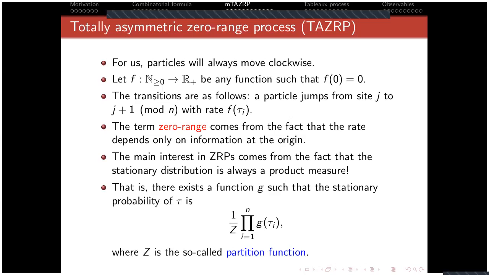If you have addition or removal of particles, then one has to change. But here, with full generality, for any f there exists a g such that the stationary probability of tau is proportional to the product of the g of tau i. It's a really amazing result. This is the same paper where he introduced the ASEP. That's just remarkable.